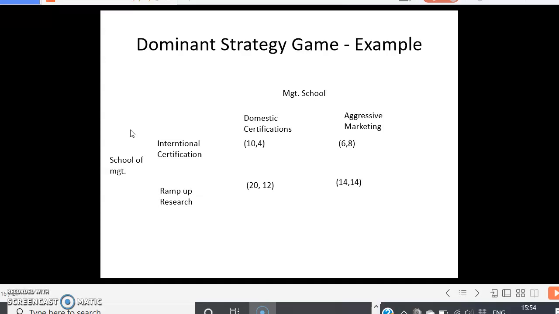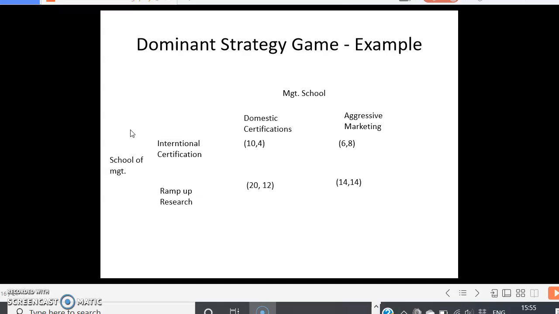So the dominant strategy for School of Management is ramp up research. Now let us look at it from the point of view of Management School. And for this, let us assume for the time being that the School of Management has decided to go for international certification as a strategy. Management School, of course, again to reiterate, is not aware of its strategy. But if School of Management goes for international certification and Management School goes for domestic certifications, its payoff is 4.